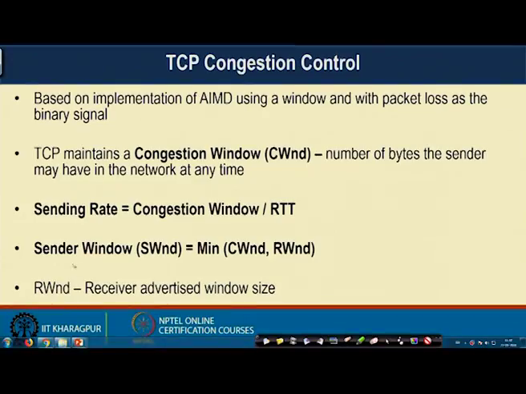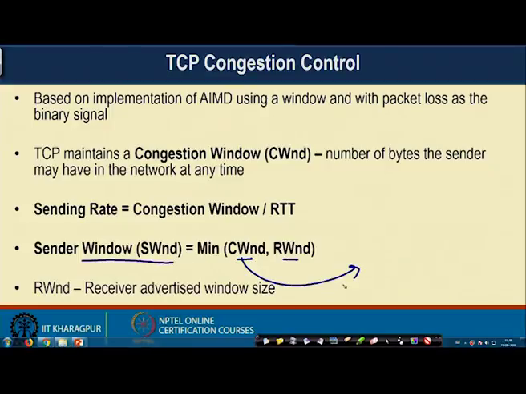Now, the receiver advertised window size gives you the possible rate at which the receiver can receive the data, and the congestion window size is giving the rate at which the network can support transmission of data over the end-to-end links. So, that way your sender window size should be the minimum of congestion window and the receiver window.